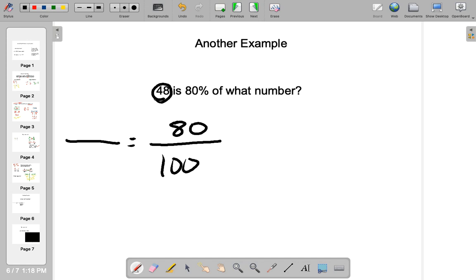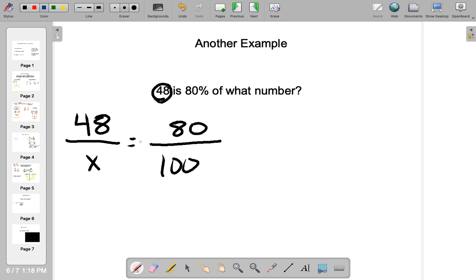Because if it is the total or the whole, it should be in the denominator. If it's the part, it should be in the numerator. But 80% of something will make it smaller. So I know that 48 has to be the part. And then the whole would be x here.